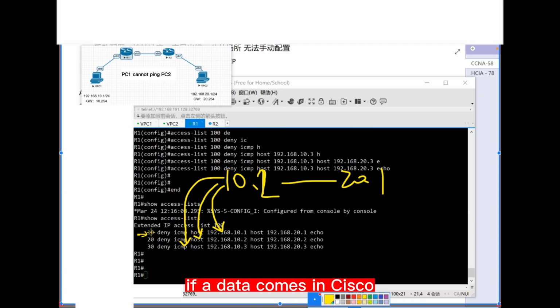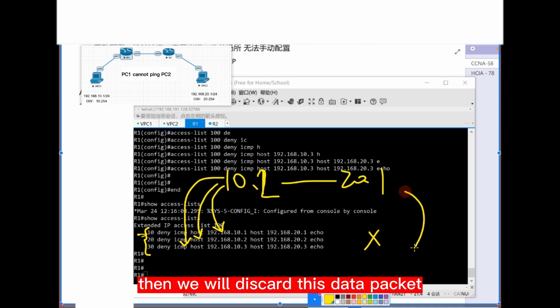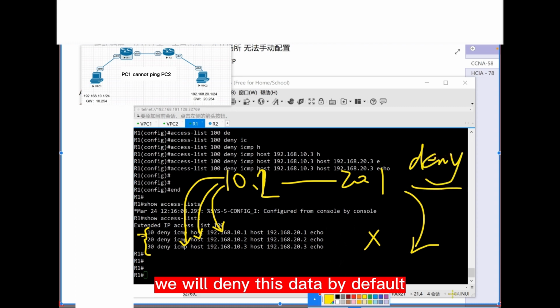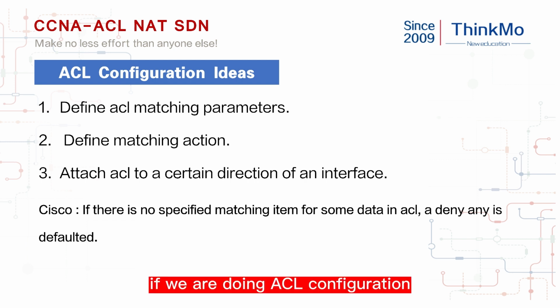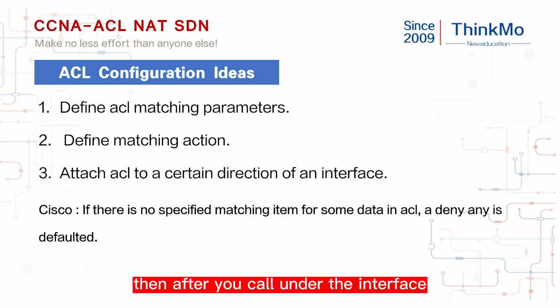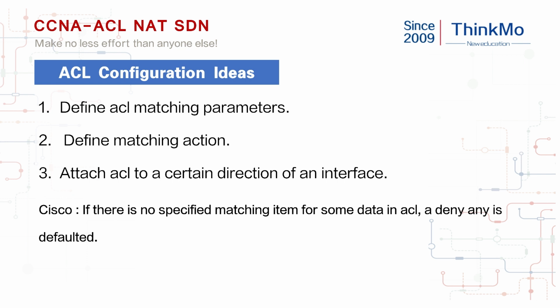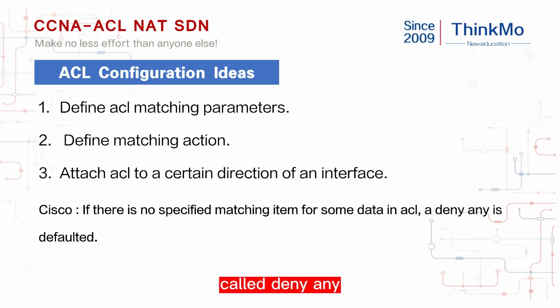If data comes in on Cisco and does not match any of these 3 rules in the list, then we will discard this data packet. We will deny this data by default. That is to say, for Cisco, if we are doing ACL configuration and there is no corresponding matching item for some data in the ACL, then after you call it under the interface, Cisco will have a default command called deny any.